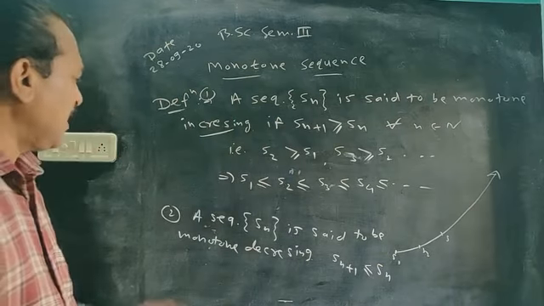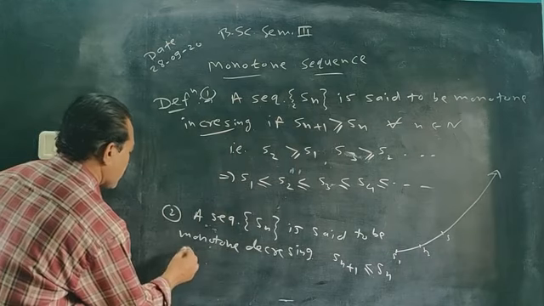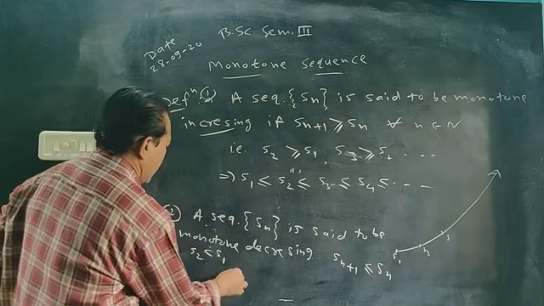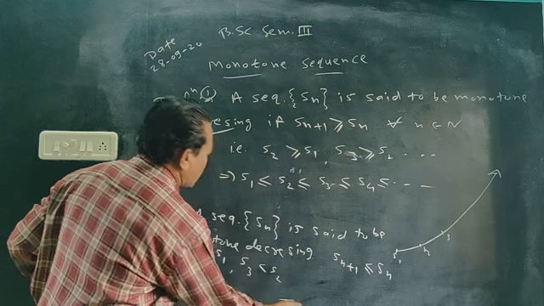That means if you put n equal to 1, S2 will be less than S1. If you put n equal to 2, then S3 will be less than S2.